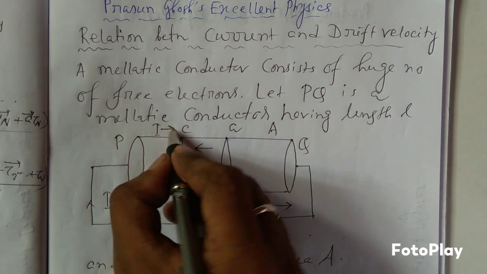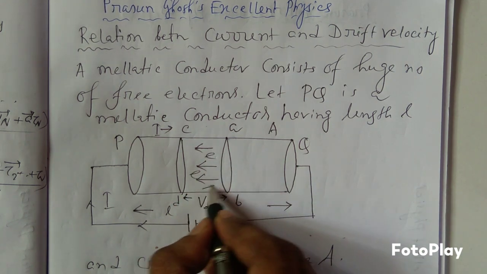So this is the direction of current and this is the direction of electrons.